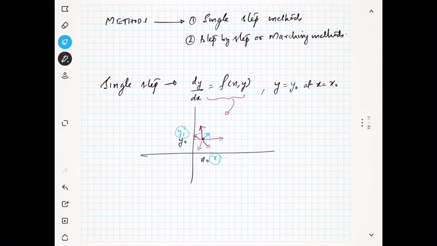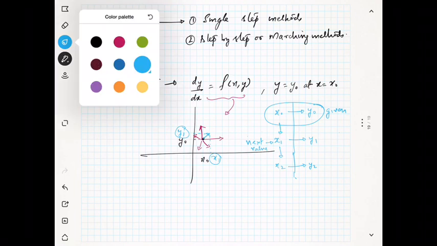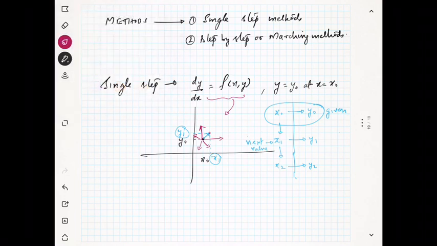So you start with x naught, and you have the information y naught. This is given. By using this information you will find the next value: for x1, you will find y1. Similarly, for the next value x2, you will find y2.